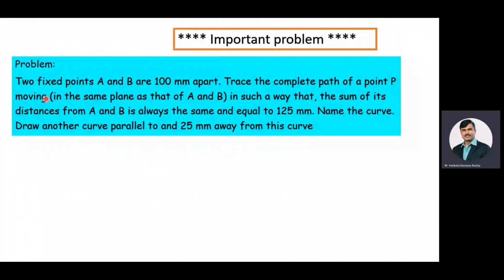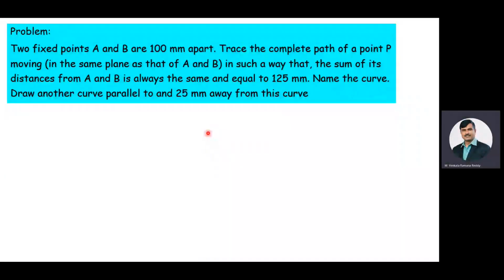The problem which we are going to discuss now is very important, and it was asked many times under different university examinations. And also this problem is from the NDBUT textbook exercise from conic sections. The given problem is: two fixed points A and B are 100 mm apart.